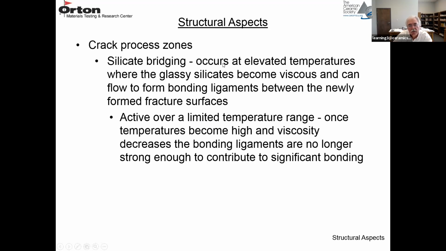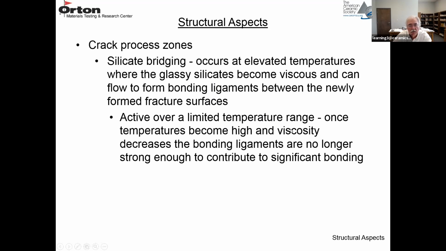Silicate bridging, I mentioned, only occurs at elevated temperatures where you have a glassy silicate. And it's a viscous silicate and can flow enough to form bonding ligaments across the crack surfaces. And that's active only over a limited temperature range. So it's not active at low temperatures. As you increase the temperature, you'll have a viscous silicate.